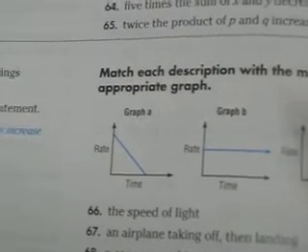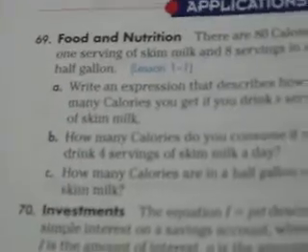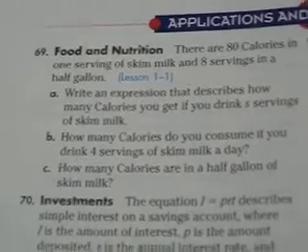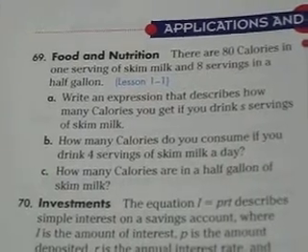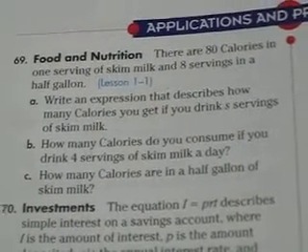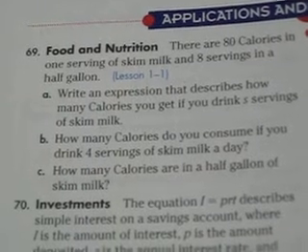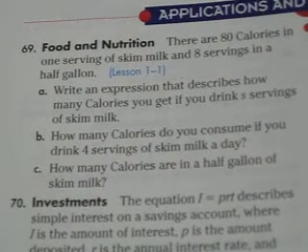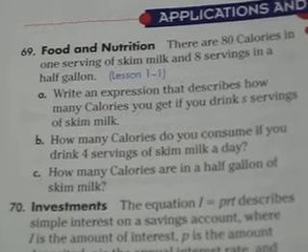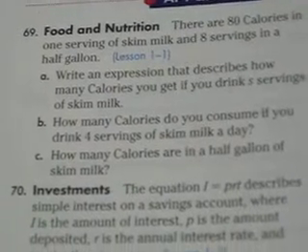And then number 69. On number 69, there are 3 parts. It says there are 80 calories in 1 serving of skim milk and 8 servings in half a gallon. Write an expression that describes how many calories you get if you drink S servings of skim milk.